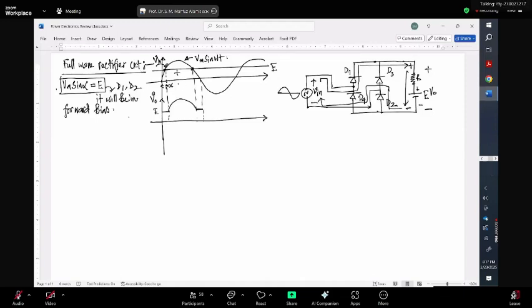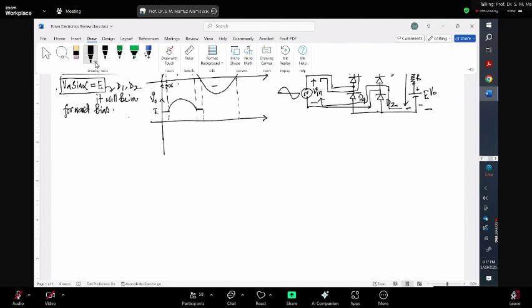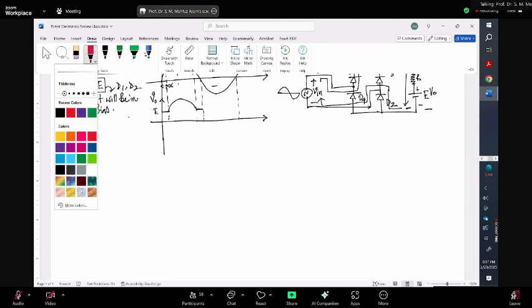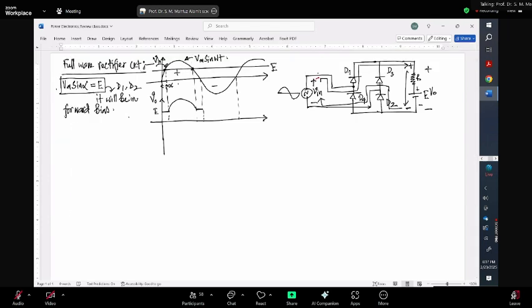No, sir. Then again, for this part of the signal, since there is a negative potential, the polarities of the input signal will change. So now it will be negative, and this terminal will be positive.